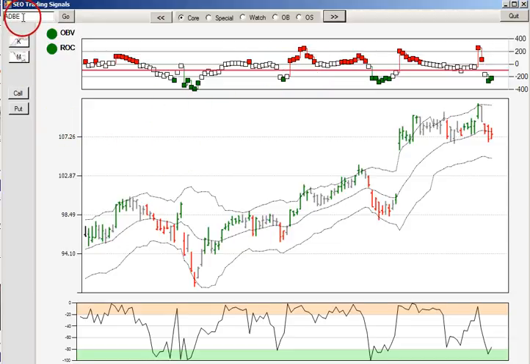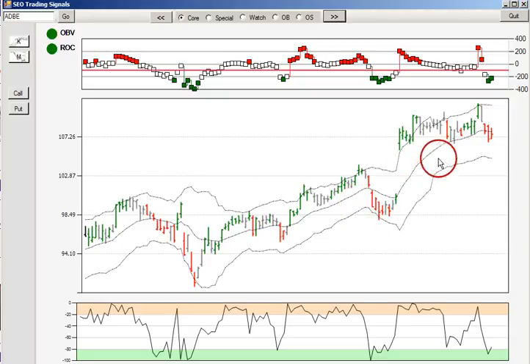The first one is Adobe, and the symbols appear here on the top left. We're going to cycle through the core list, which is where I put all the symbols. But this is what we're looking for, because this is the long watch list: something that's moving higher left to right, making consistently higher highs and higher lows, which is the very definition of an uptrend.